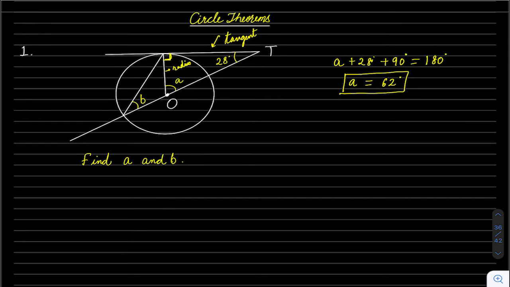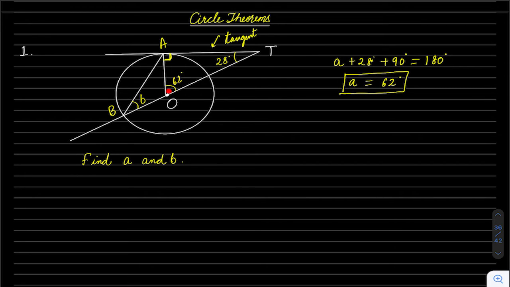Okay. So now I know the value of A. So let's remove this. This is 62 degrees. So now I have to find B. Okay. Now one more thing which I think we might have discussed in circle theorems. Always remember radius. Now see this. Let's say this point is A. This point is B. So OA is radius.